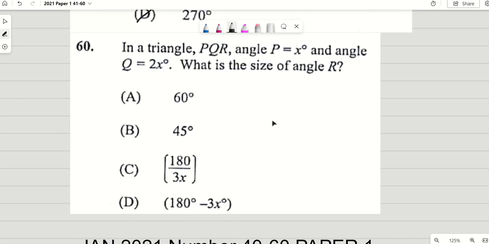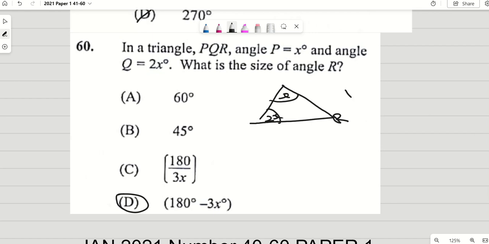Number 60 says, in a triangle PQR, angle P is X, angle Q is 2X. What is the size of angle R? So we did a question like this. The answer is D. This is a repeated question, but let's just do it over. They said this is X. They said this is 2X. And this is angle R. They want to know what angle R is.